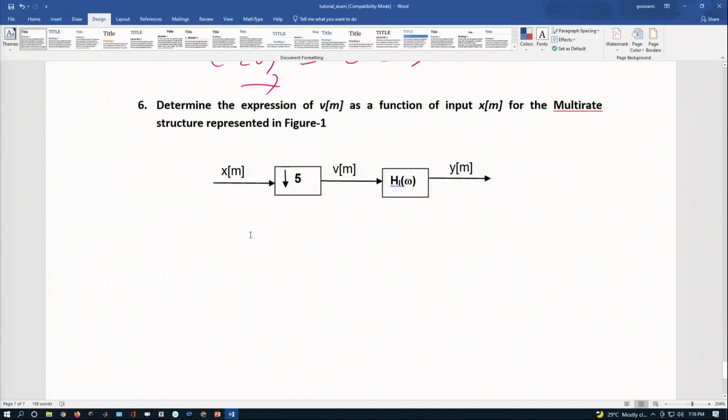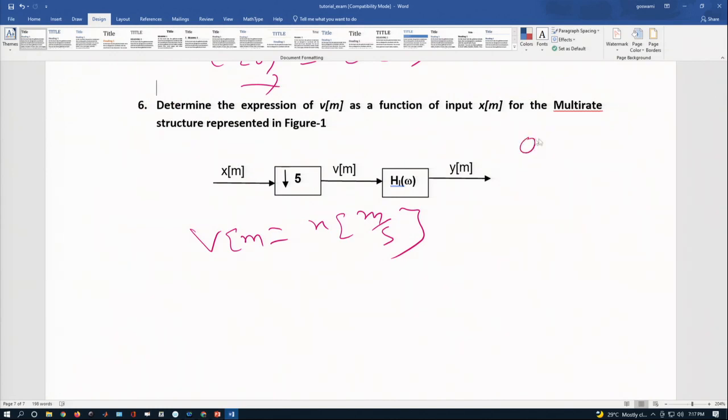Then I say determine the expression of Vm as a function of input xm in a multi-rate signal processing. So what is Vm? Vm is nothing but x of m by 5. So what is required?